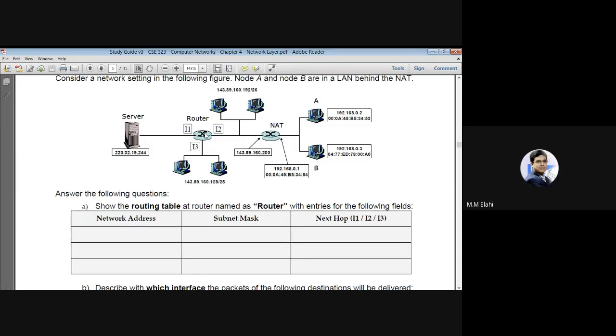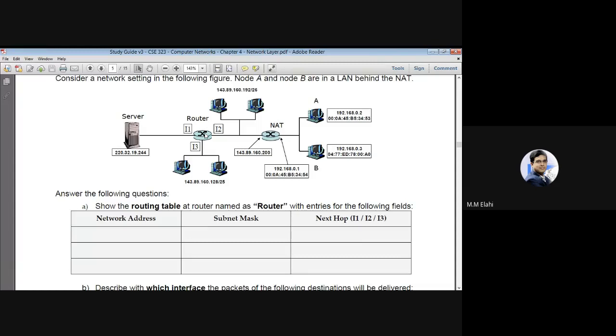Actually, there are 4 network addresses, but in fact, the number of networks in a topology is the total number of interfaces of the router. So how many interfaces? Interface 1, interface 2, interface 3, right? I1, I2, I3.